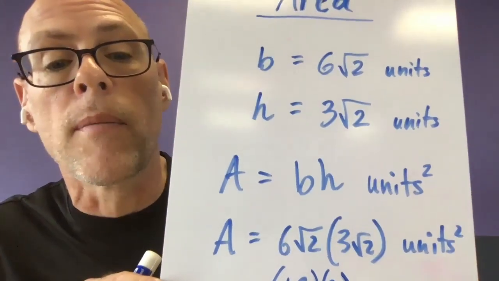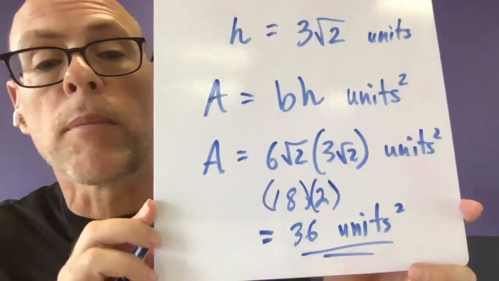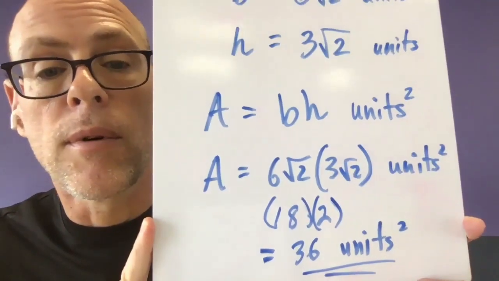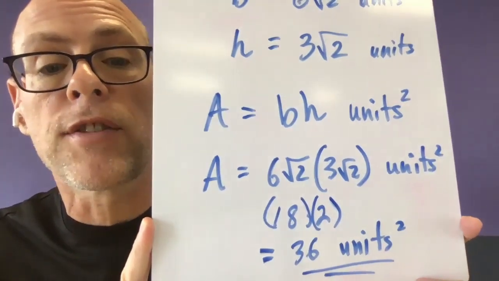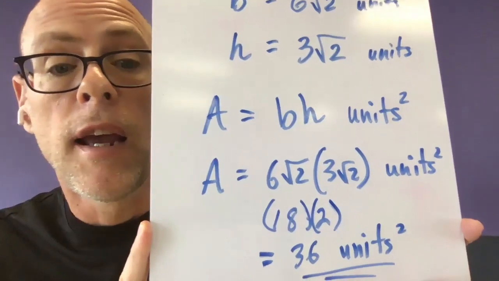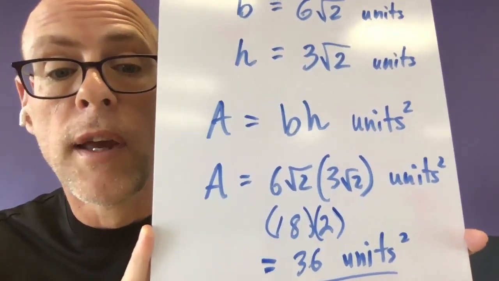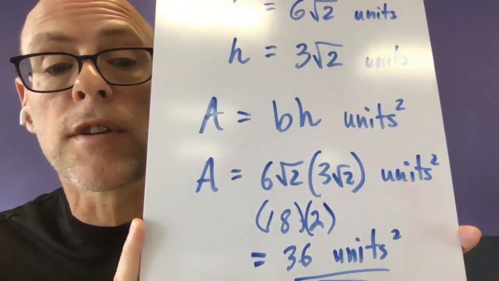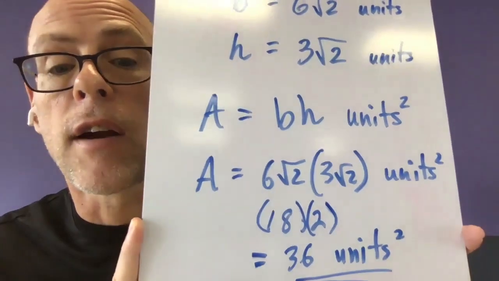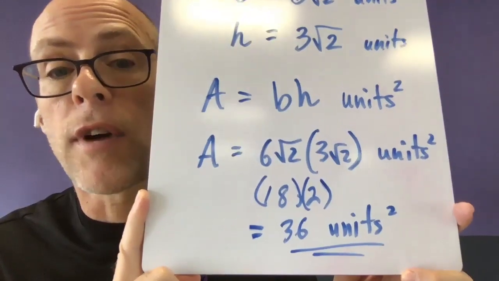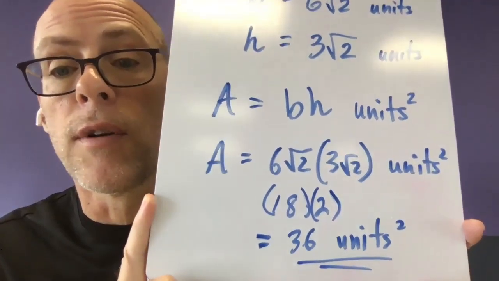So notice when we multiply, we can just multiply the 6 times the 3 to get 18. And the square root of 2 times the square root of 2 simply gives us 2. And 18 times 2 is 36. And our answer would be that the triangle is 36 units squared.